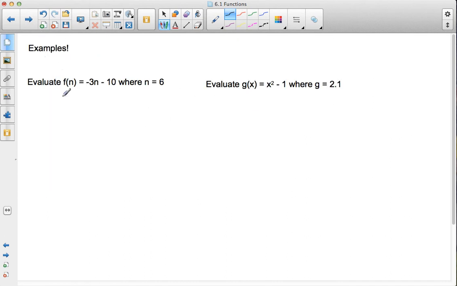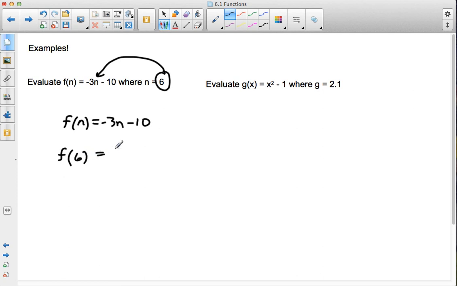So here are some examples. What I want to do is evaluate f of n. Again, there's that different letter, where f of n equals negative 3n minus 10, where n equals 6. Here's all you have to do. You take that number and you plug it into the equation and then you work it out. So if f of n equals negative 3n minus 10, then f of 6, that means a function of 6.